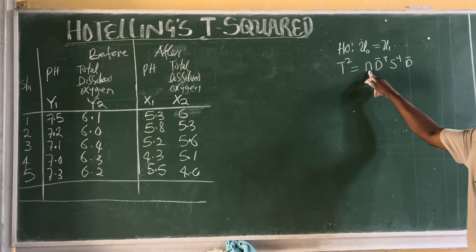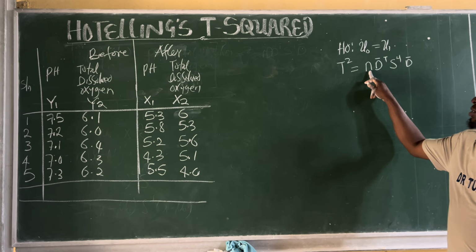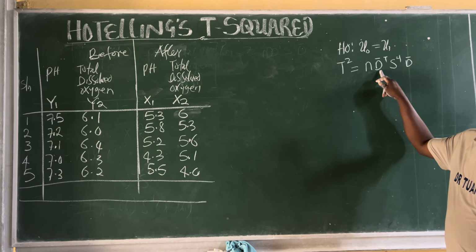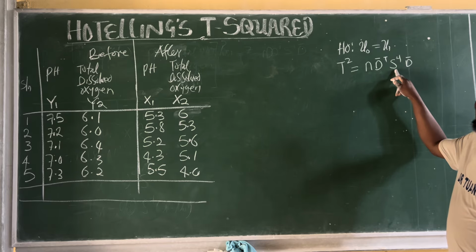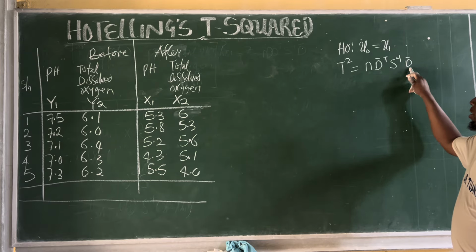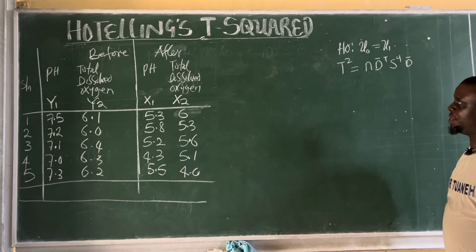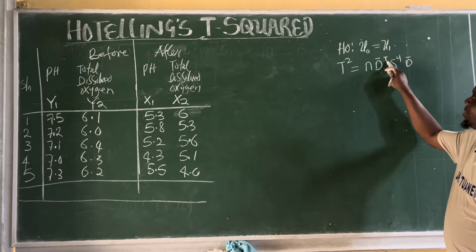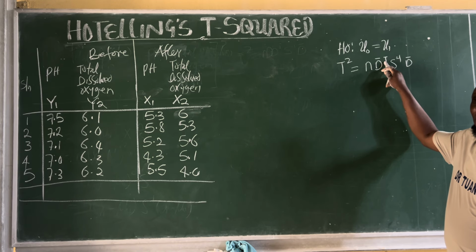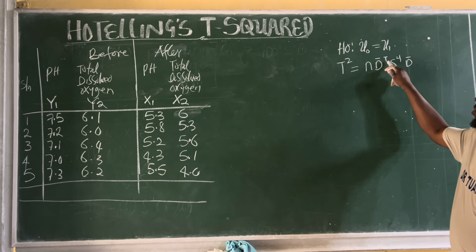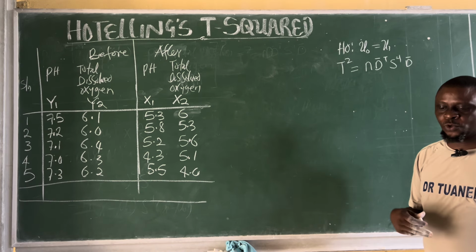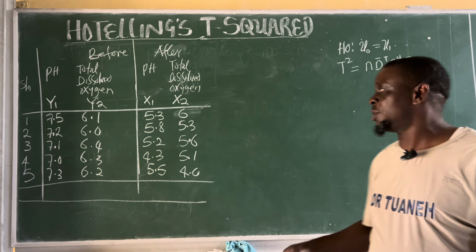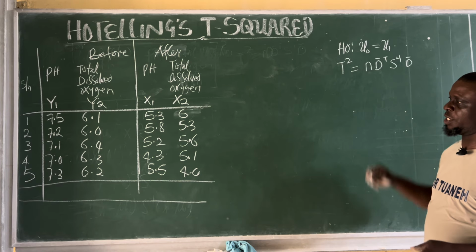We have said that N is the number of observations, and this is a vector of the mean. This is a variance covariance matrix, and then this is also a vector of the mean. But we will not forget this transpose because it's very important. Without this transpose, you have difficulties in the multiplication of the matrix. So for you to have conformity in multiplication, this transpose is very important.